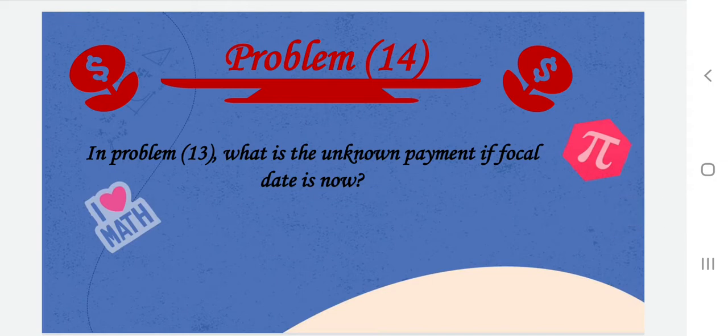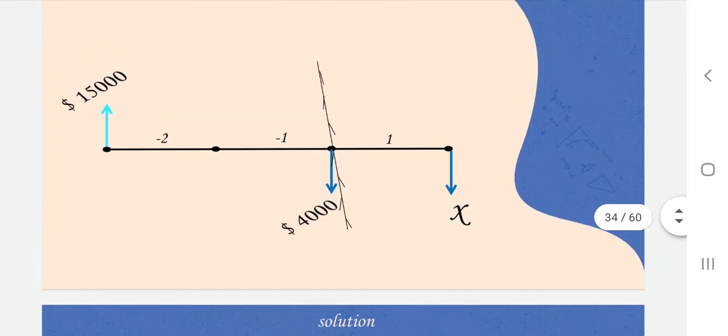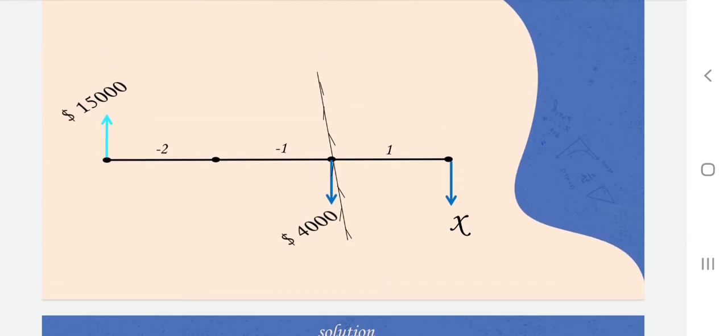Problem number 14. In problem 13, what is the unknown payment if the focal date is now? According to the time diagram, the focal date lies in between the maturity dates of old and new obligations.